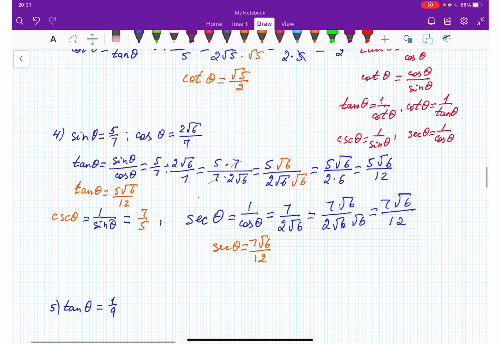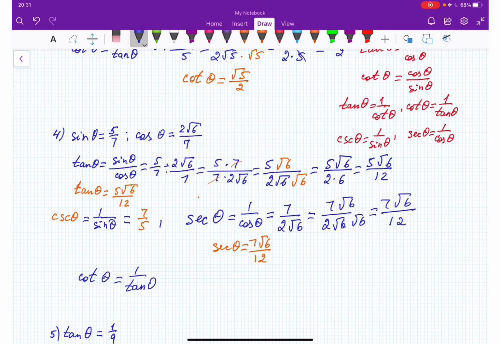And lastly, let's do cotangent. Cotangent theta is equal to 1 over tangent theta, and tangent theta is 5 square root 6 over 12.